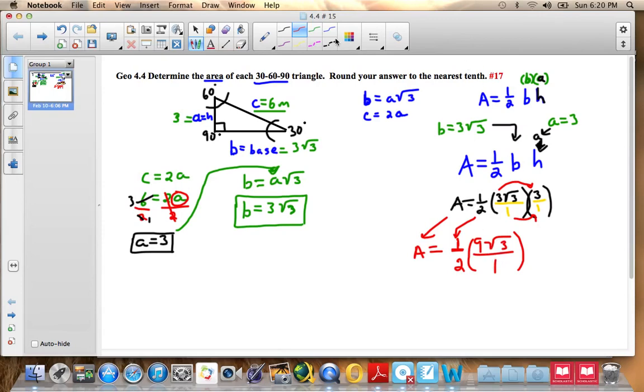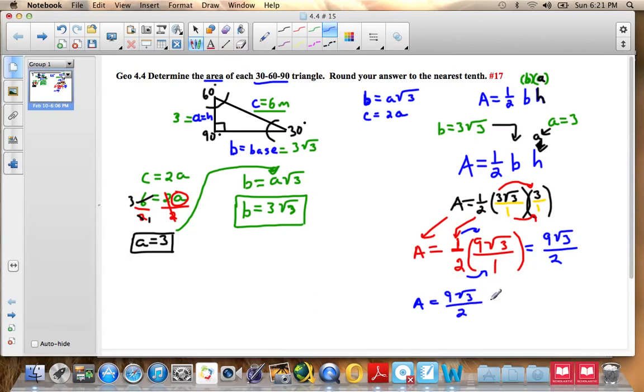So I'm going to multiply one more step: 1 times 9 times the square root of 3 equals 9 square root of 3. And then 2 times 1 is 2. So A is going to be equal to 9 times the square root of 3 over 2.